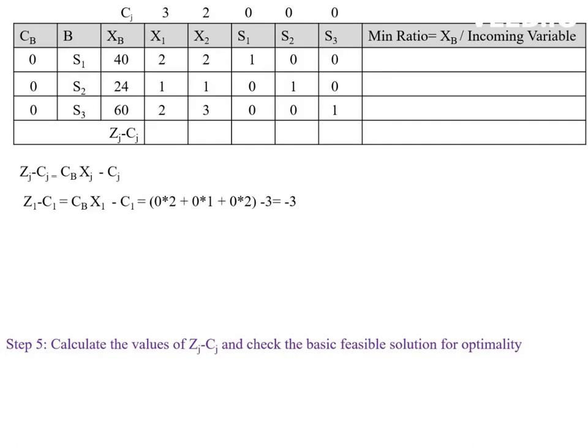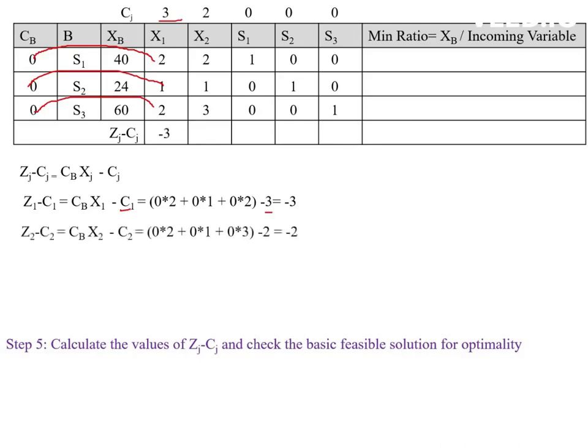So first we find Z1 minus C1, which is equal to CB x1 minus C1. CB into x1 is 0 into 2 plus 0 into 1 plus 0 into 2, minus C1, that is minus 3. So the total value of Z1 minus C1 is minus 3.